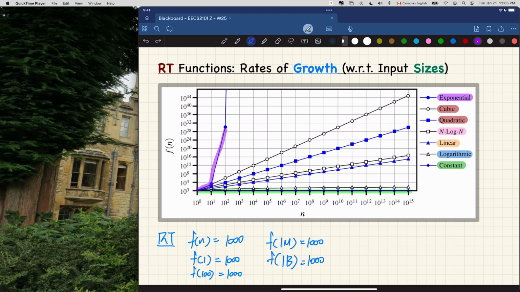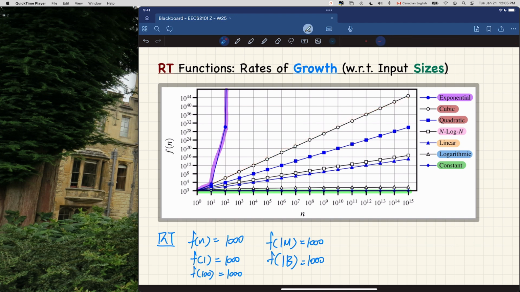This is the exponential function, which you would like to avoid as much as possible. However, sometimes you may have no choice. To implement something correctly, you may have to go with exponential. I wouldn't say there is no scenario where you want to do exponential. All right, anything else is actually in between.